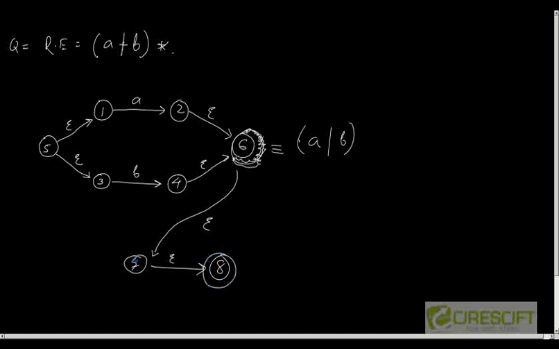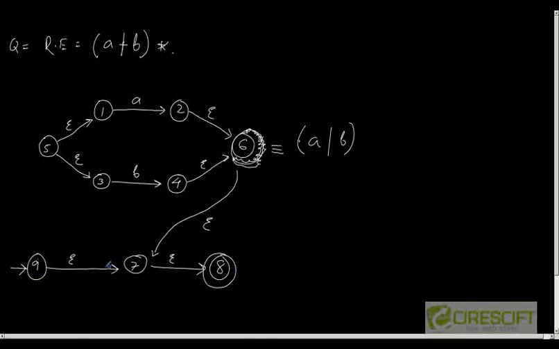Now I created a starting state, suppose 9. So 9 will be my starting state. From there with an empty transition I go to 7, and from there with another empty transition I go to the final state 8.